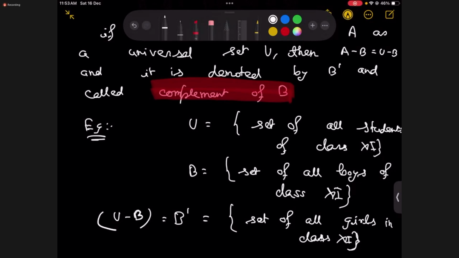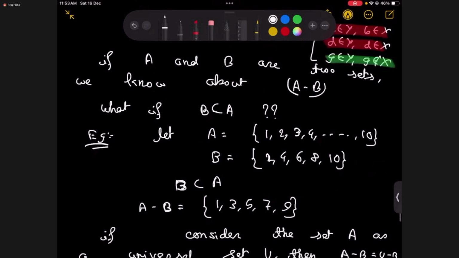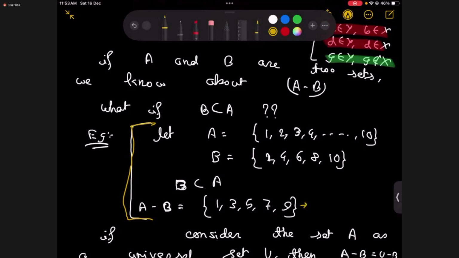So here, if I discuss this problem, then A minus B is the complement of B in the set A. And for this, the condition is very important.